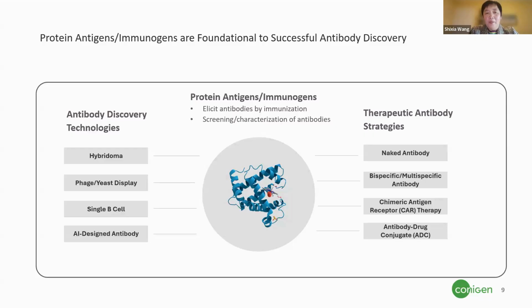Although advanced technologies make antibody discovery more efficient, without the antigen, without the protein, the antibody discovery will not be successful. So this shows the proteins are foundational for antibody discovery success.